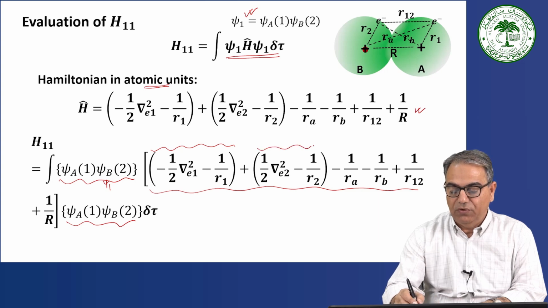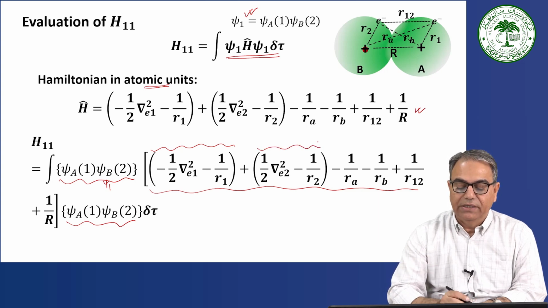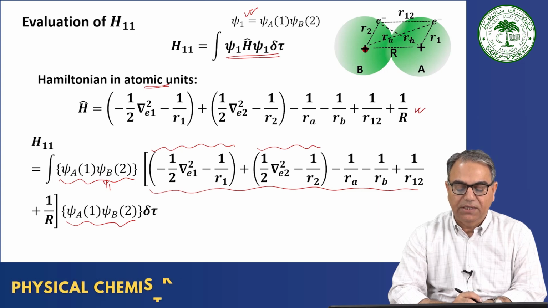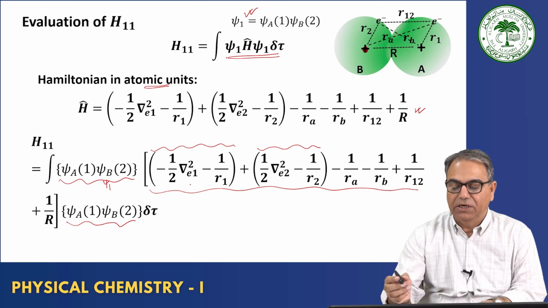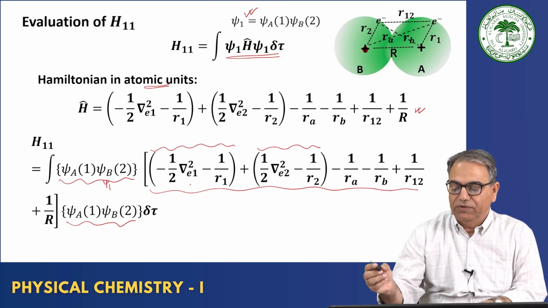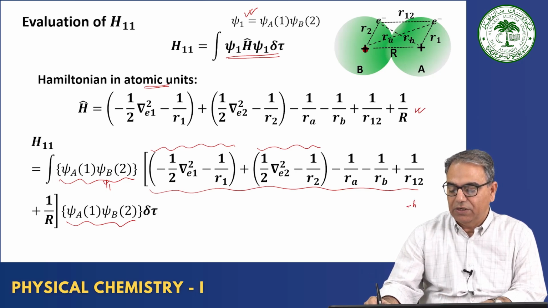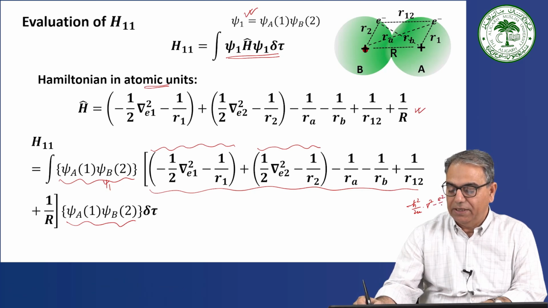If you look closely, this is nothing but the Hamiltonian for a hydrogen atom. If you remember, in the hydrogen atom you have an electron and a proton, so you write minus h cross square divided by 2m del square, and for the potential energy you write minus e square by R.